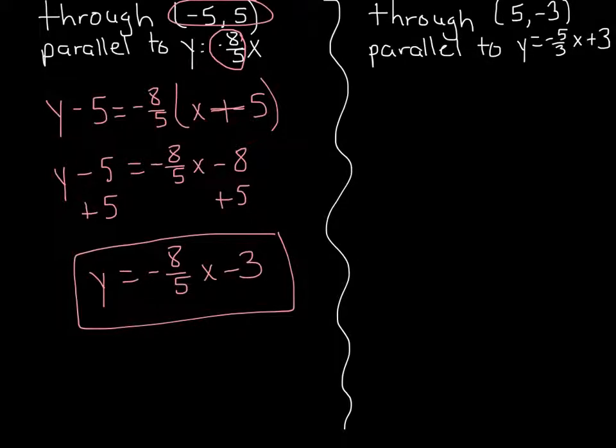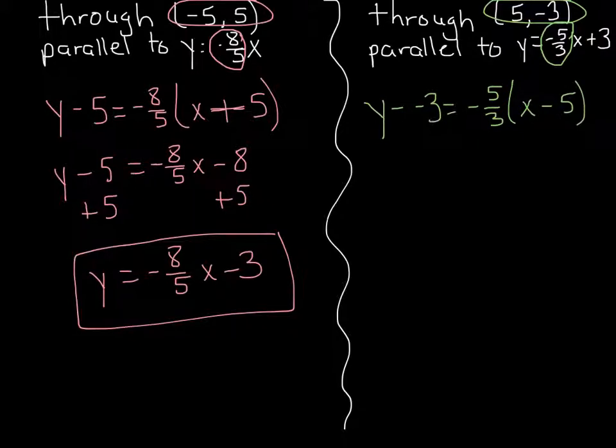Alright, for this example, again, parallel lines have the same slope. And the slope in this line is negative 5 over 3, so that's the slope for our line. And here's our point. It's y minus y1, which is negative 3, equals negative 5/3 times x minus x1, which would be 5.